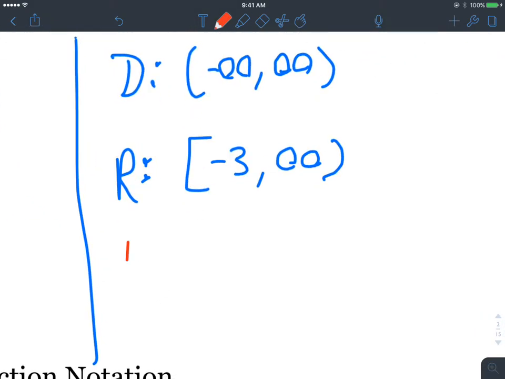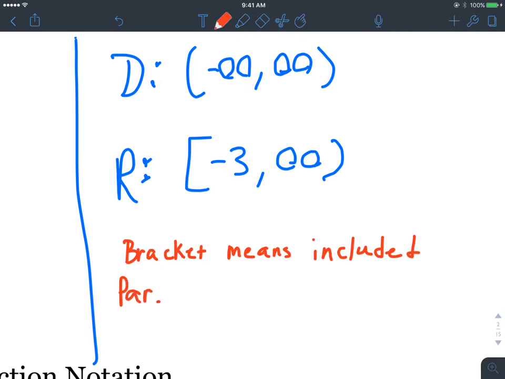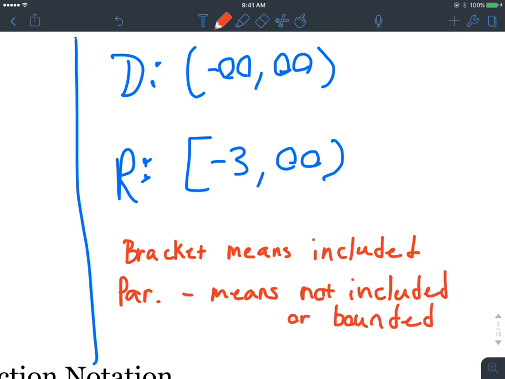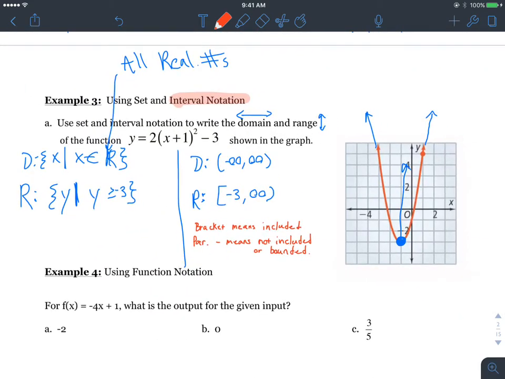I guess a bracket means you include, and then a parentheses means, I guess, not included or bounded. So that might be something good to write when you're going back and studying.